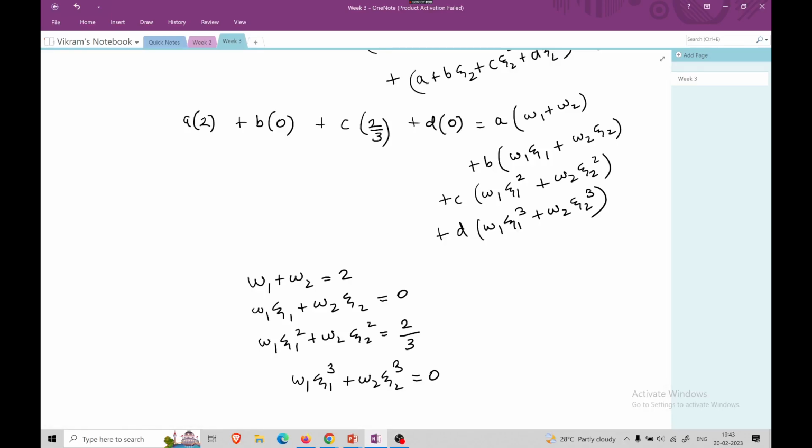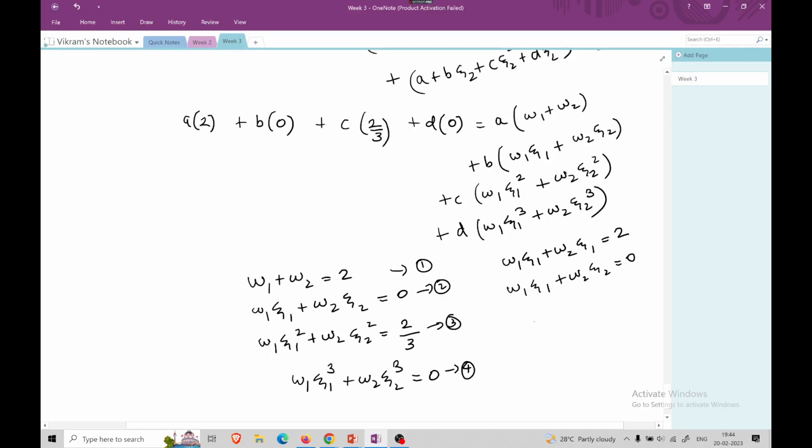So how do we solve it? I'm going to name the equations 1, 2, 3, 4. Equation 1 I'm going to multiply with eta 1: w1 eta 1 plus w2 eta 1 is equal to 2 eta 1. Then I'll take equation 2 as it is: w1 eta 1 plus w2 eta 2 is equal to 0.